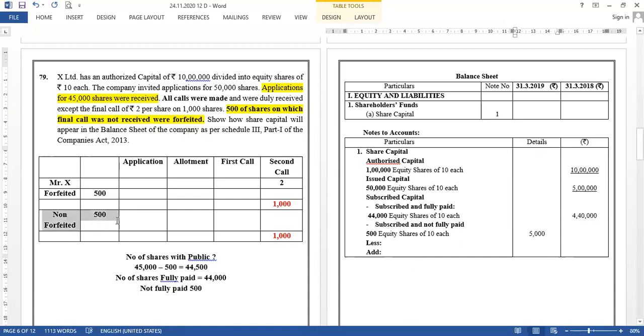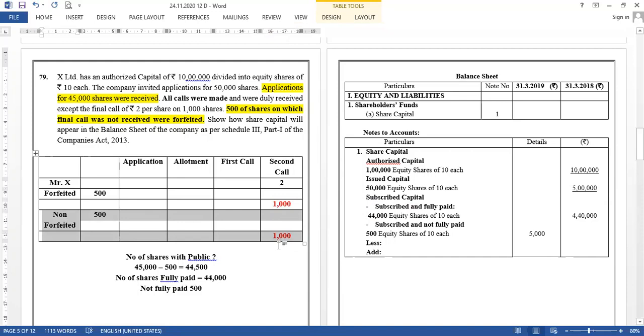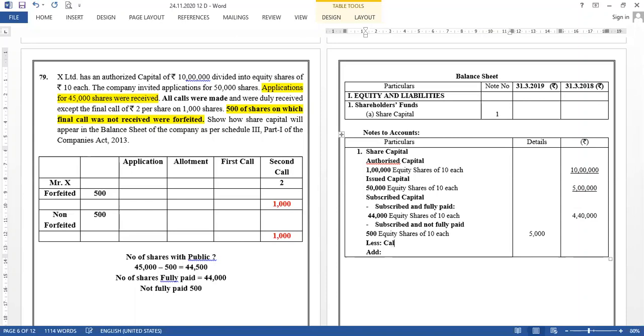Because we know the number of shares which are not forfeited on that final call of 2 rupees is not received. ये जो not received है, that's calls in arrears. I should deduct this. So less calls in arrears, right? Unpaid amount, unpaid on 500 shares. We can write over there 500 shares into 2. Okay, that's 1,000. Okay, the outer column amount will be 4,000.